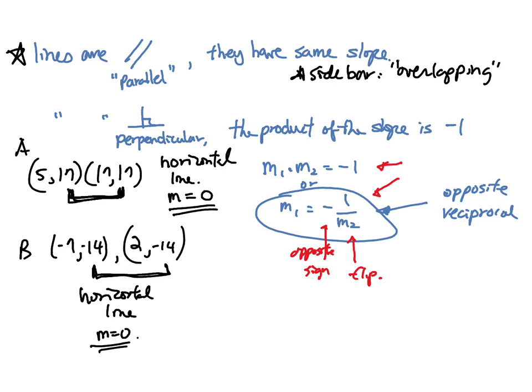But if two lines are on top of each other, they're not parallel, because by definition, parallel lines cannot touch. So we have to think about what's going on. In this case, notice they have different values, 17 and negative 14, so there's no way they're touching. That's why these are parallel lines.